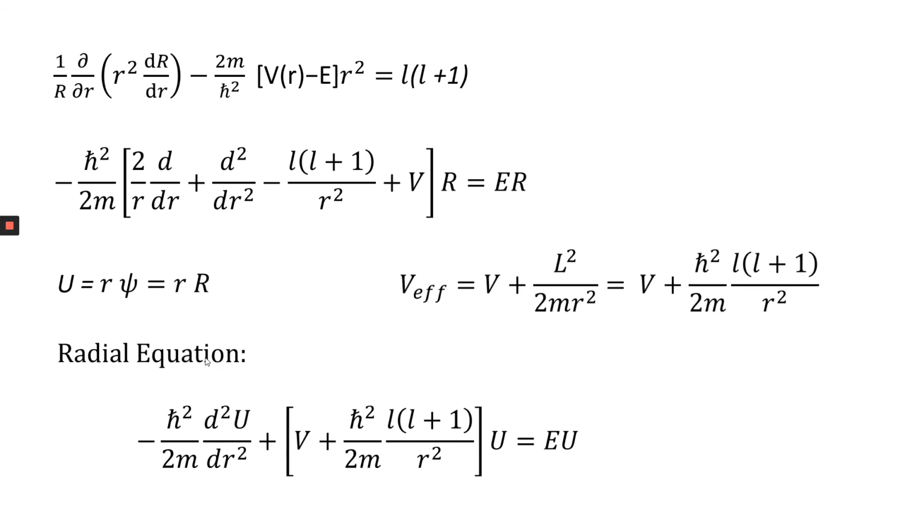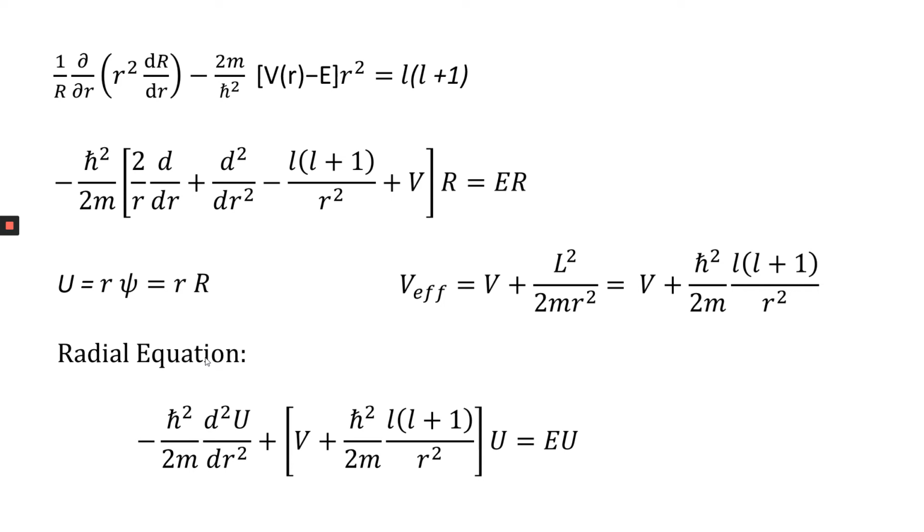And notice that here, the effective potential is the potential plus angular momentum squared over 2mr squared. In quantum mechanics, recall that angular momentum squared is h bar squared times l times l plus 1.